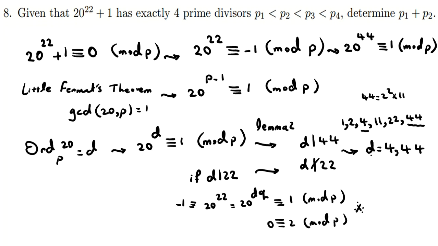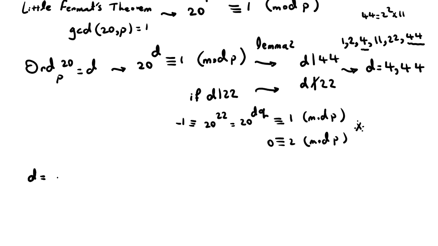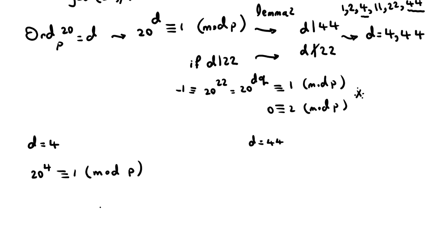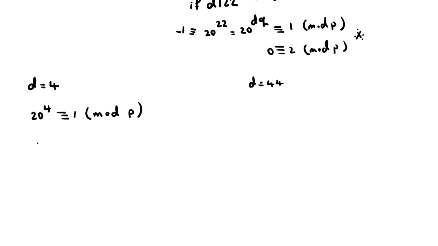Now we consider D equal to 4 and D equal to 44. These two cases. D equal to 4 means what? 20 to the power of 4 is congruent to 1 mod P. And then we can say 20 to the power of 4 minus 1 is congruent to 0, or a multiple of P. So we can write it as 20 squared minus 1 times 20 squared plus 1.